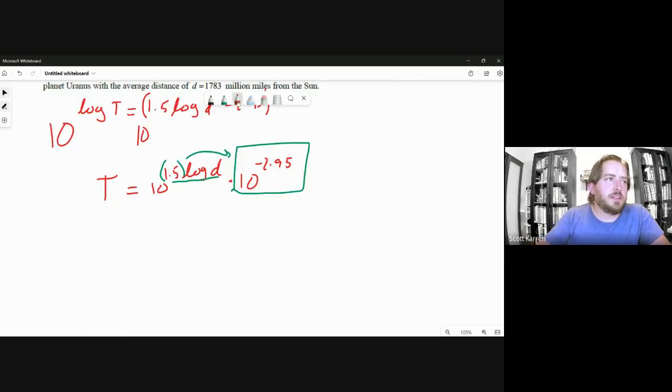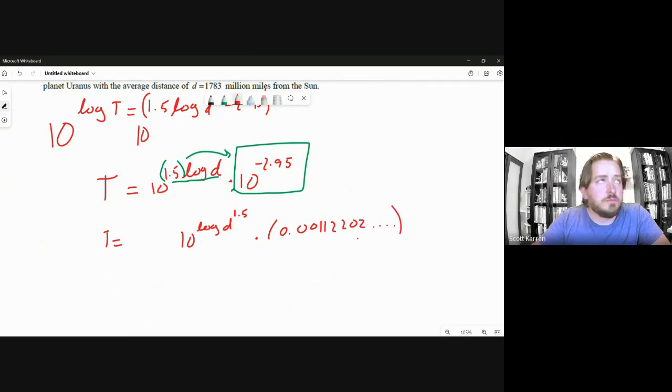So to simplify this, I end up with t equals 10 to the log d to the 1.5 power times this 10 to the negative 2.95, which is a little bit ugly. It's 0.00112202, and that just goes on.